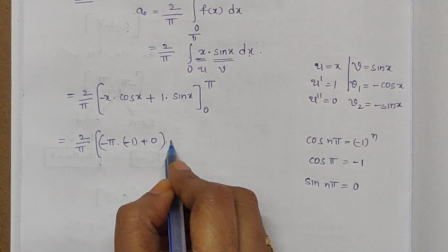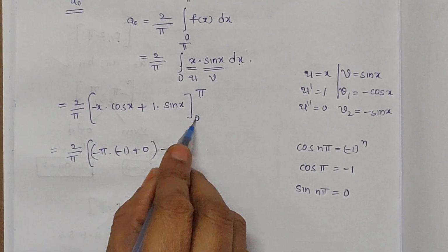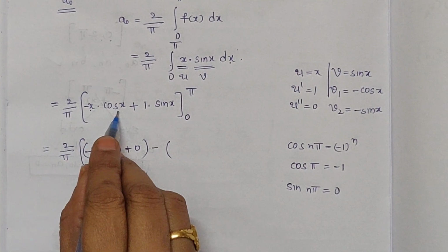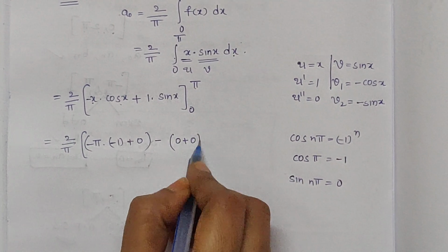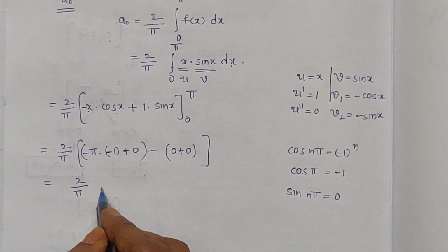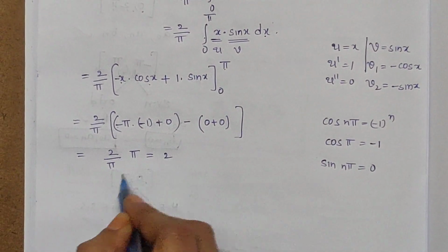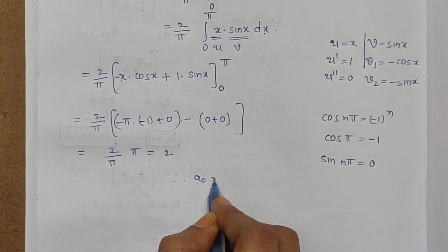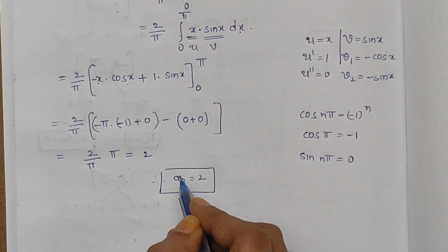Upper limit substitution minus lower limit substitution: 0 into this term is 0, and sin 0 is 0. So you get 2 by pi into minus of minus 1 into pi, which gives 2. Therefore a0 equals 2.